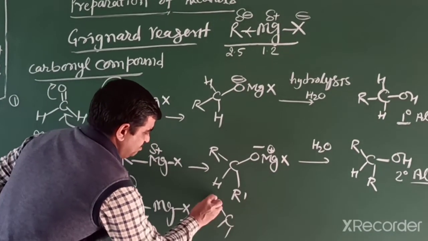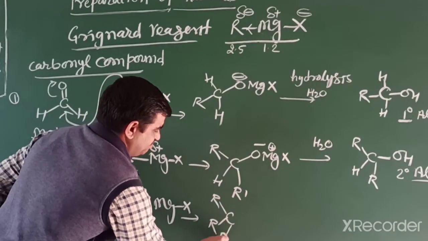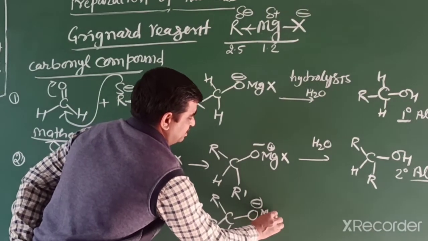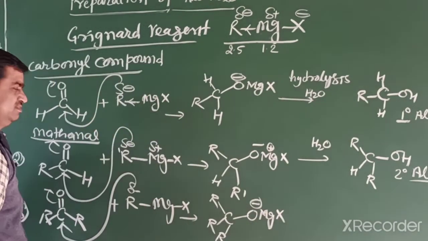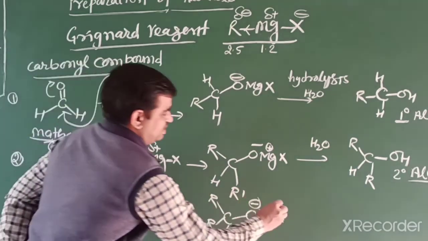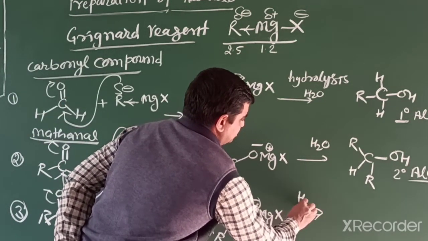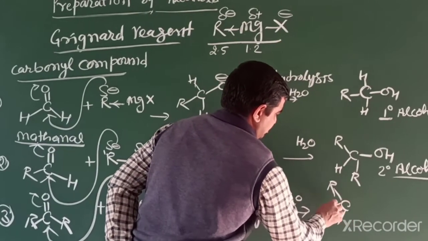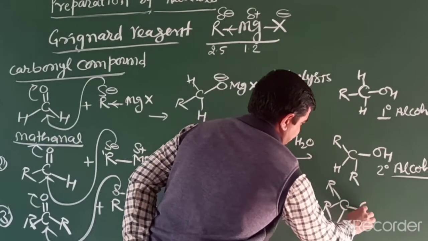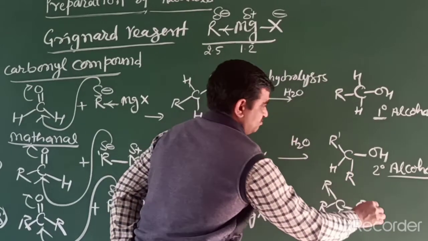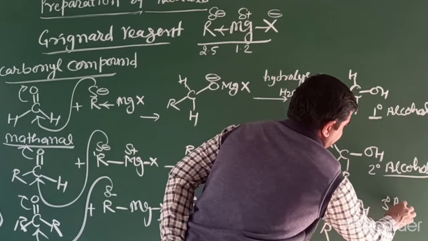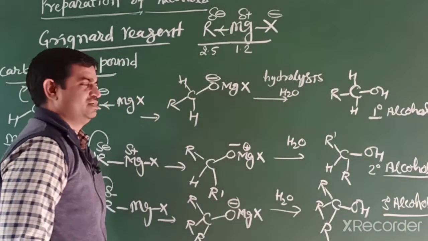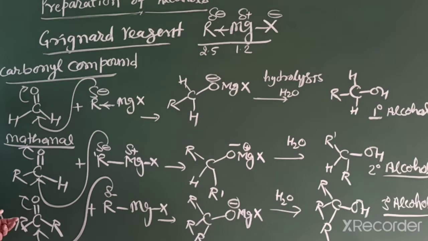So we find it like this. R may be the same or different. The first step, then the second step, known as hydrolysis, meaning reaction with water, and we find a tertiary alcohol, a 3 degree alcohol. For tertiary alcohol, we have to take a ketone.